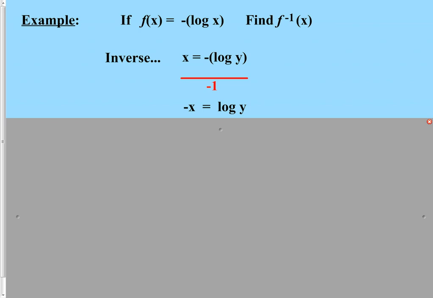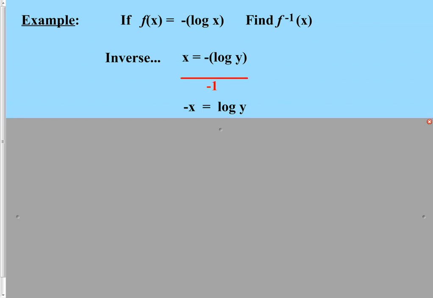The operation logarithm and the y being the argument, they belong to each other. In order to separate them from each other, we have to do the opposite of the thing that we want to move. We want to move the log, but leave the y. So what is the opposite of the logarithm of something? Well, the opposite is 10 to the x.